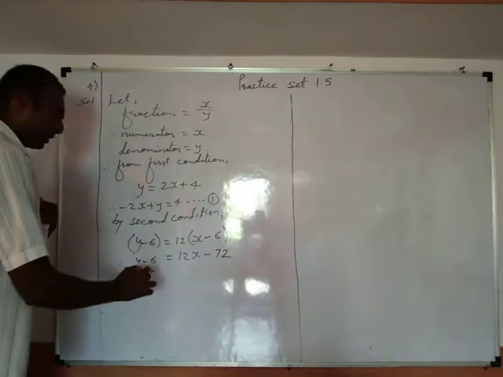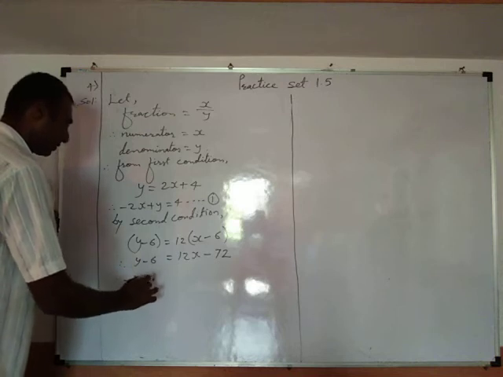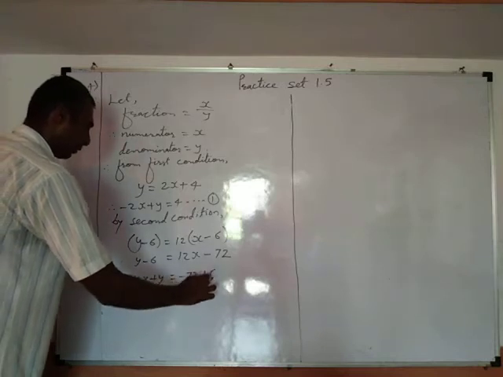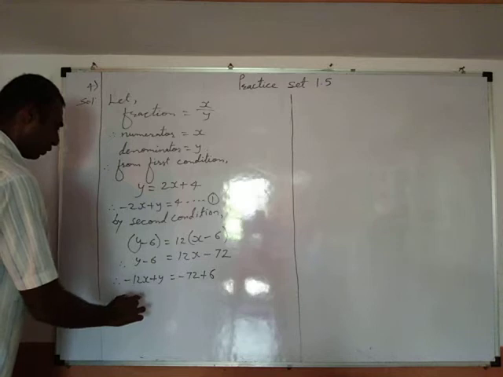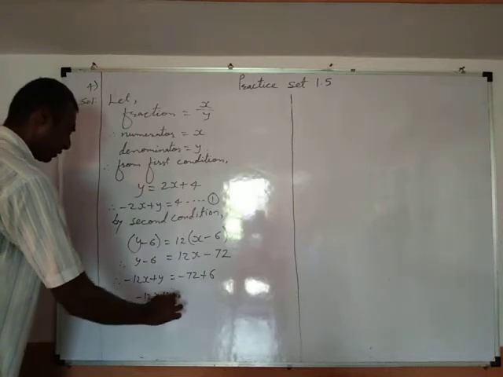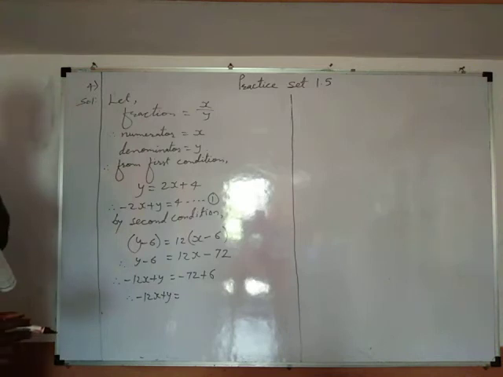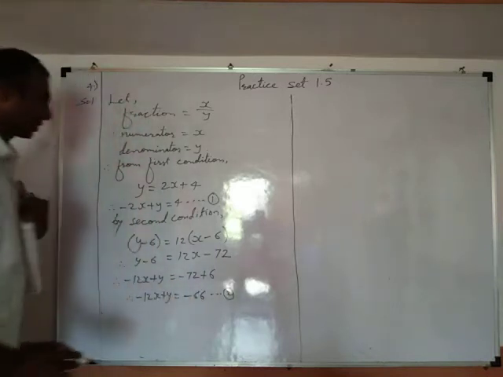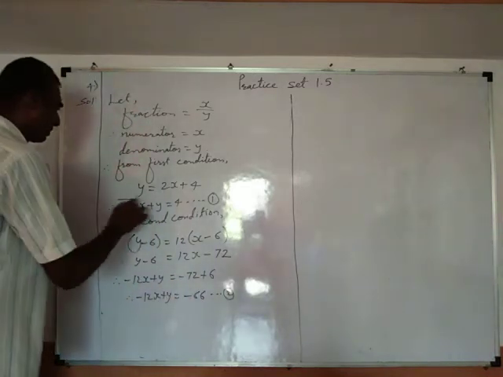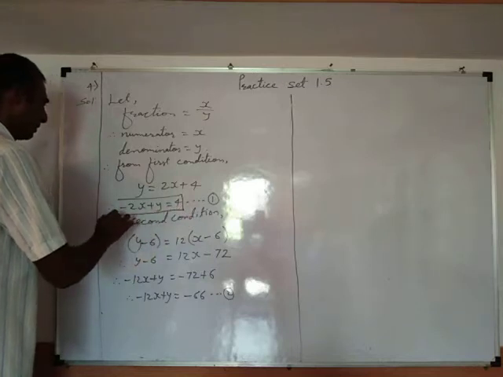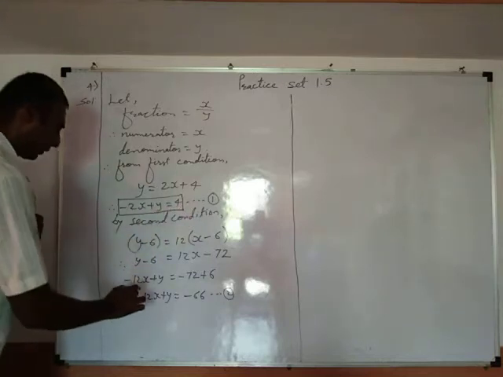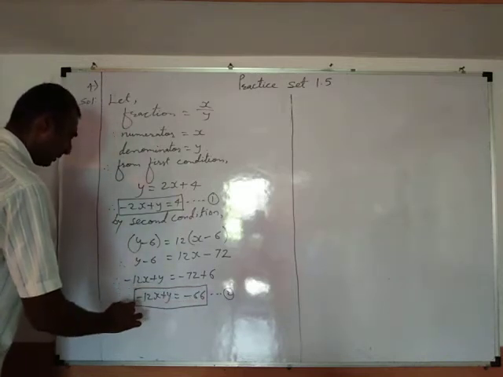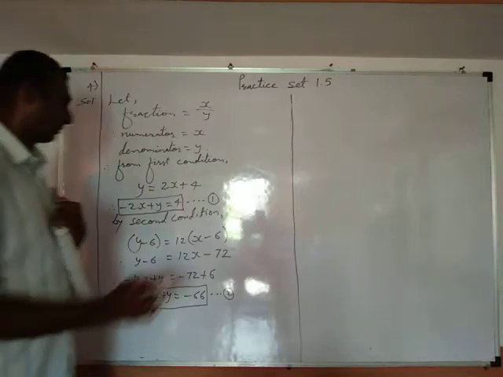Therefore, this equation will become minus 12x plus y equals minus 72 plus 6, which gives us minus 66. Let's call it equation second. Now, equation first is minus 2x plus y equals 4, and equation second is minus 12x plus y equals minus 66.